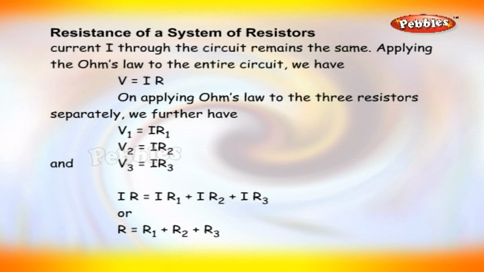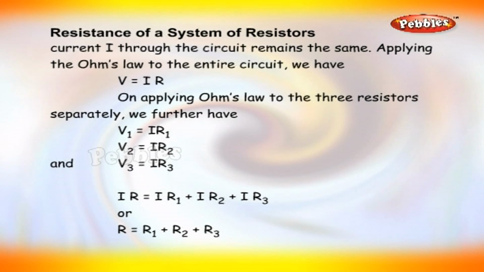Applying the Ohm's law to the entire circuit, we have V is equal to IR. On applying Ohm's law to the three resistors separately, we further have V1 is equal to IR1, V2 is equal to IR2, and V3 is equal to IR3.